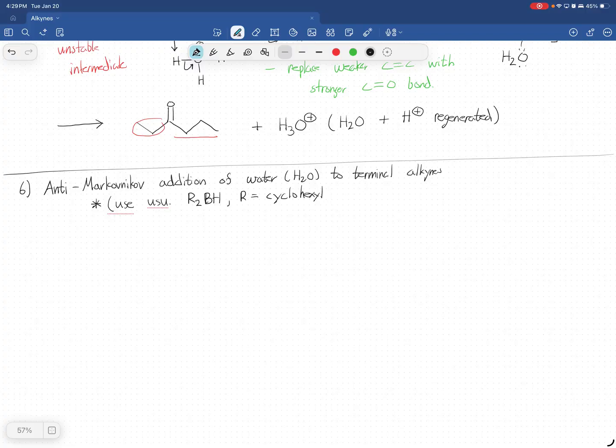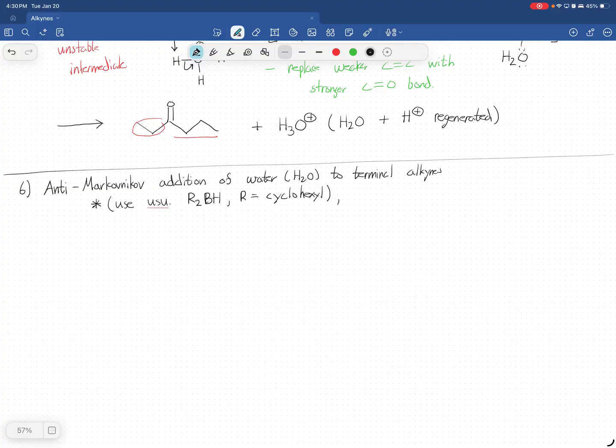We add cyclohexyl because when you add bulky groups to something, it's usually less reactive as a nucleophile. If we bulk something up, that decreases the reactivity by some orders of magnitude. So that's a technique we use: we use steric hindrance to reduce reactivity.